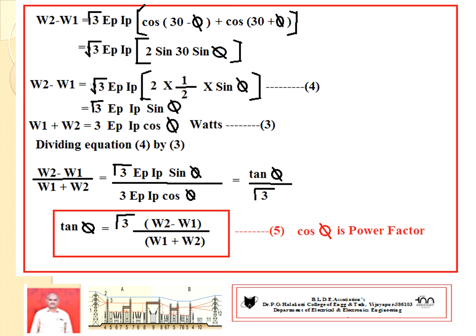So again sin 30 is half. We are going to get root 3 EP IP sin phi. Equation 4. W1 plus W2, we know, is 3 times EP IP cos phi. Equation 3. So equation 4 is divided by equation 3. W2 minus W1 divided by W1 plus W2 equal to tan phi divided by root 3.